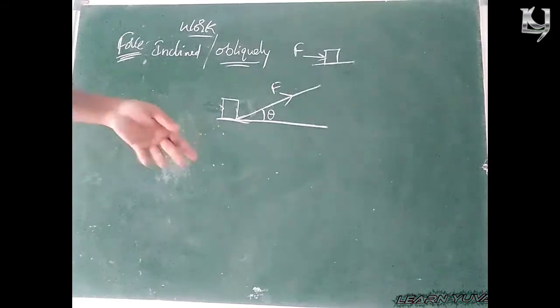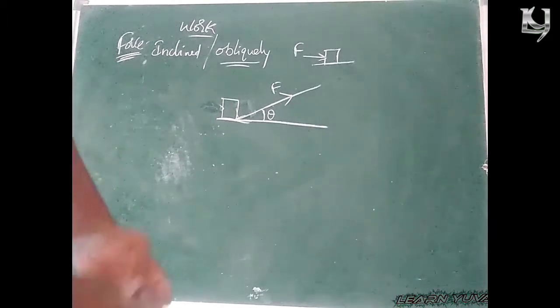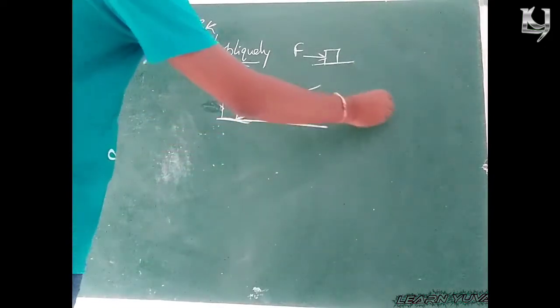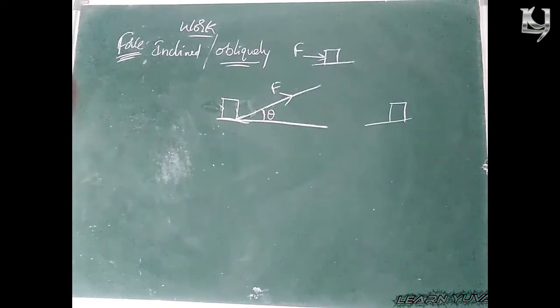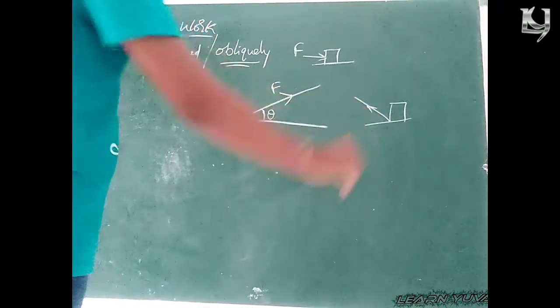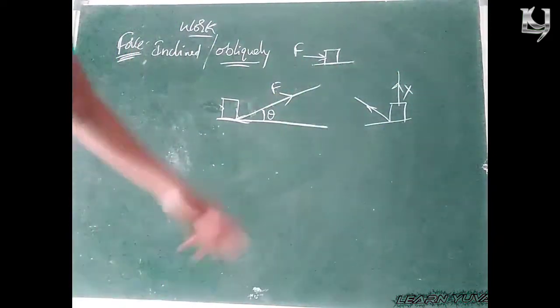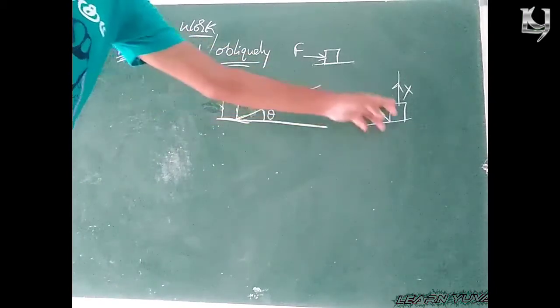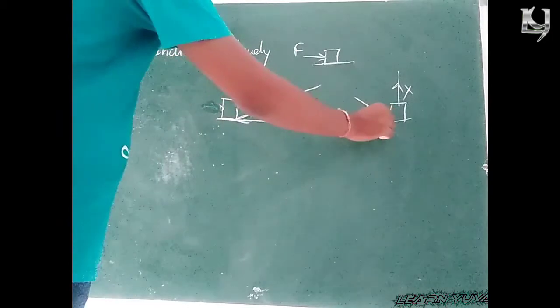The best example is pulling anything. If you want to pull an object, that is not exactly at 90 degrees. Suppose here it is an object, and you pull that object with a rope. If the rope is here, we pull in this direction, and we are not pulling in this direction. So the case is oblique. We are pulling that object with some angle, and the angle is theta.